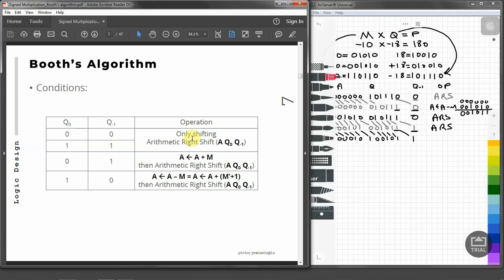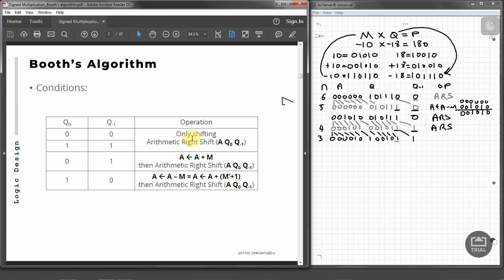And we check again these two bits. This is 1, 1. 1, 1 means it's another arithmetic right shift.